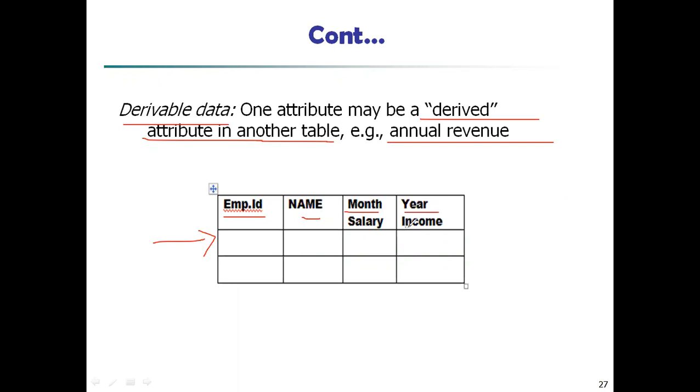Actually, there is no need for the year income column here. Because if you have the individual month salaries, we can automatically calculate the year's income of a particular employee. This year income is a derived attribute from month salary.